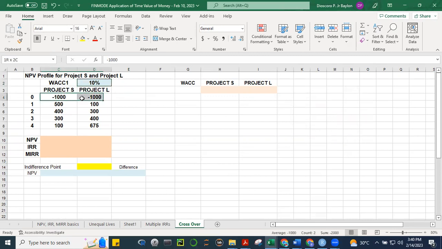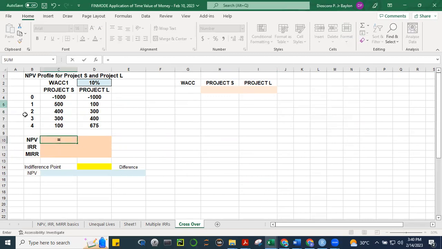Okay, so this is Project S, this is Project L. The same lang yung initial investment nila, tapos magkaibang cash flow sila. Now, we would like to know kung which project is better. Okay, so outright makikita natin na mukhang mas maganda si Project S kasi yung initial cash inflow natin dito, 500. But let's see. So let's compute for the NPV.